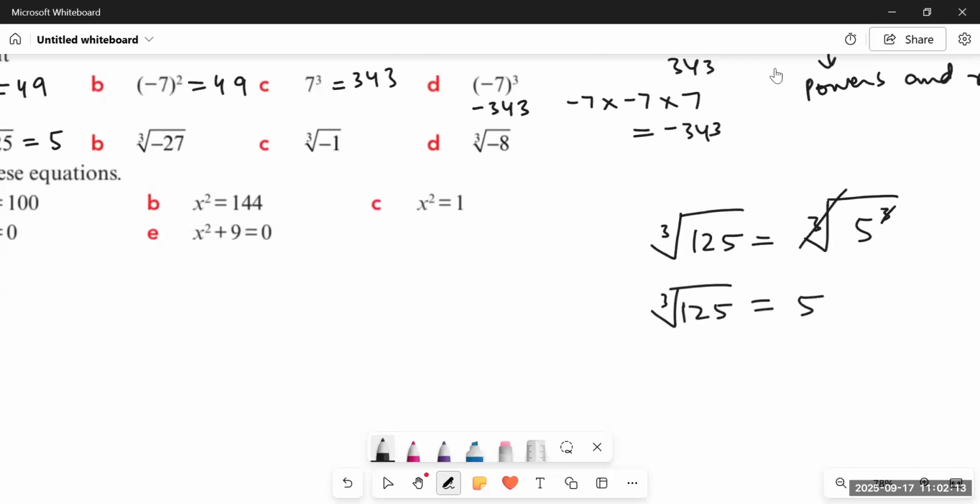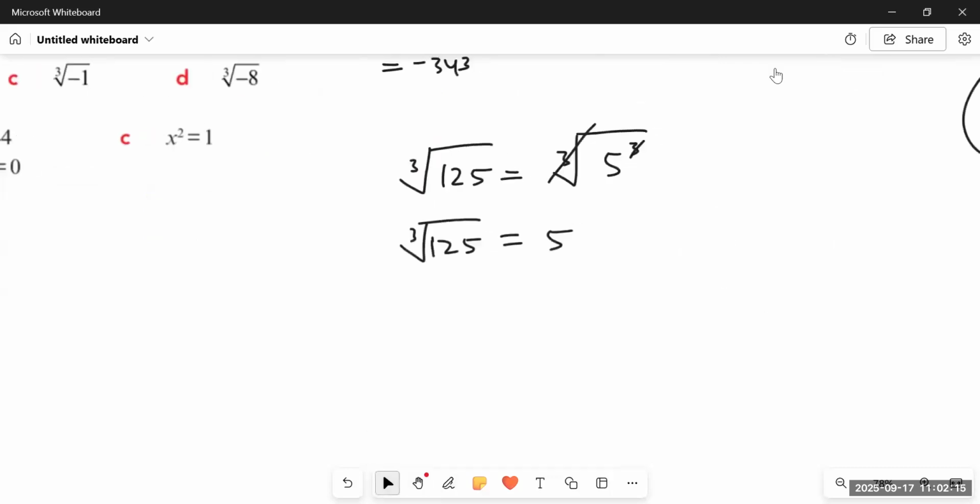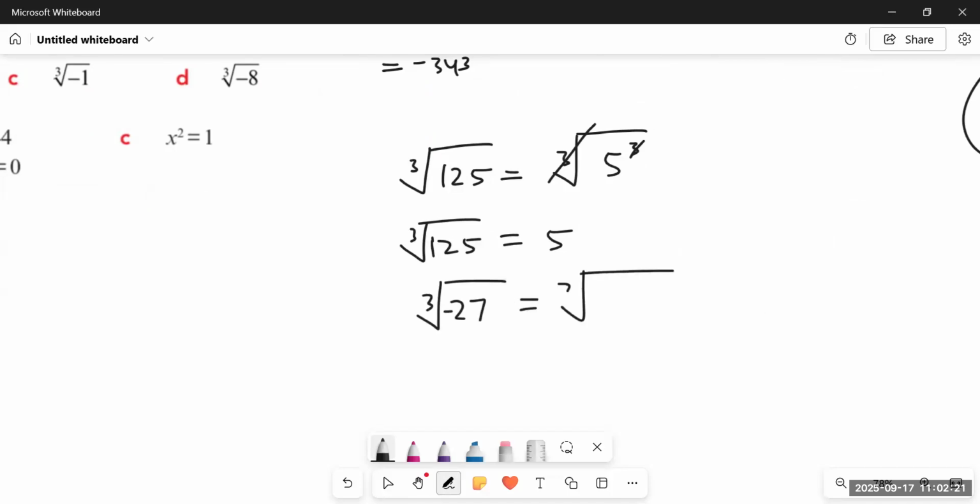Similarly, when we talk about minus 27, we can write the cube root of minus 27 is equal to minus 3 multiplied by minus 3 multiplied by minus 3. I told you earlier that the cube of a negative number would be negative. So the cube root of a negative perfect cube would also be negative.